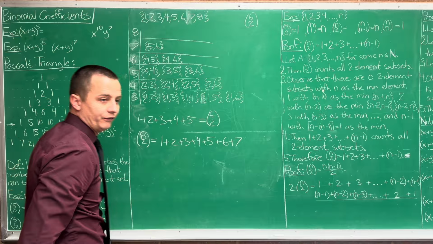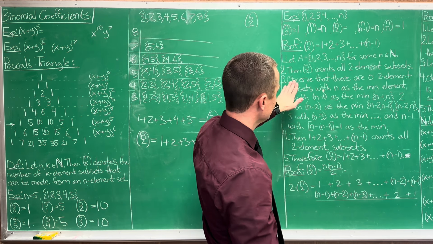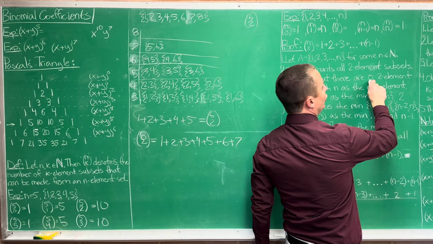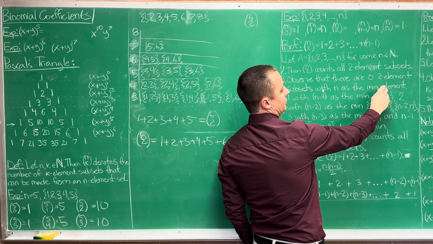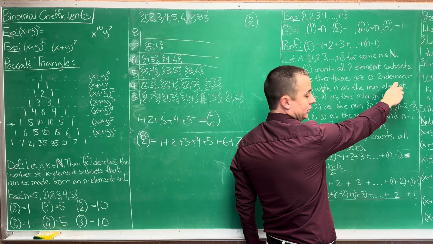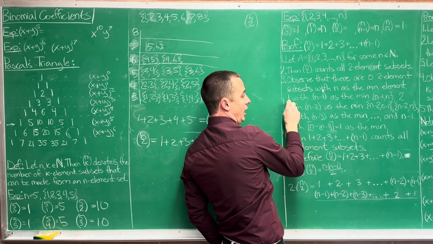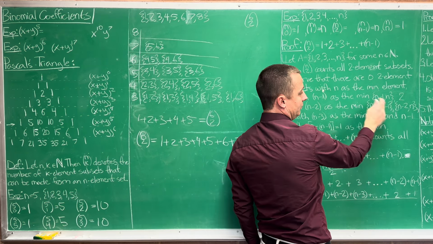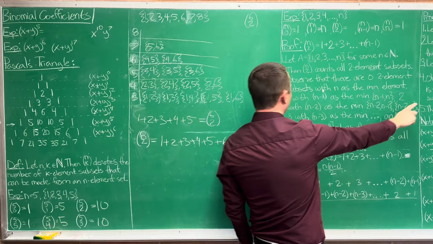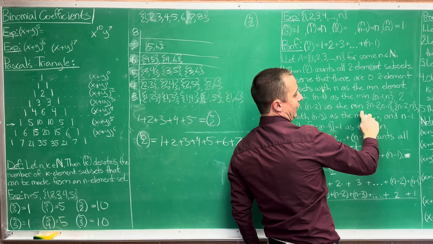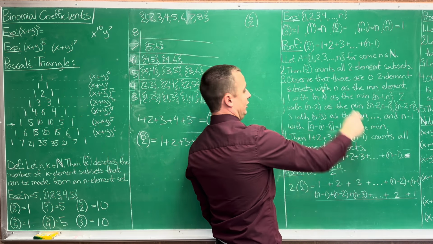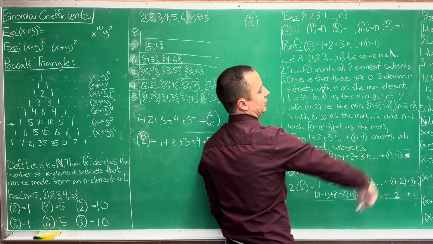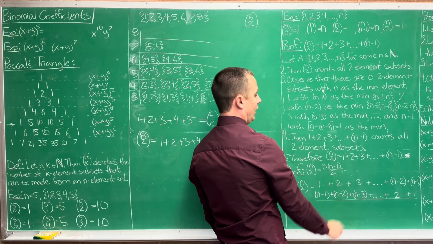1, 2, 3, 4, 5, etc. So observe that there are 0 2 element subsets with n as the minimum element. And then there's going to be 1 with n minus 1 as the minimum, namely n minus 1, n. 2 with n minus 2 as the min element, namely n minus 2 and n minus 1, n minus 2 and n. 3 with n minus 3 as a min element, counting all the way up, dot, dot, dot.